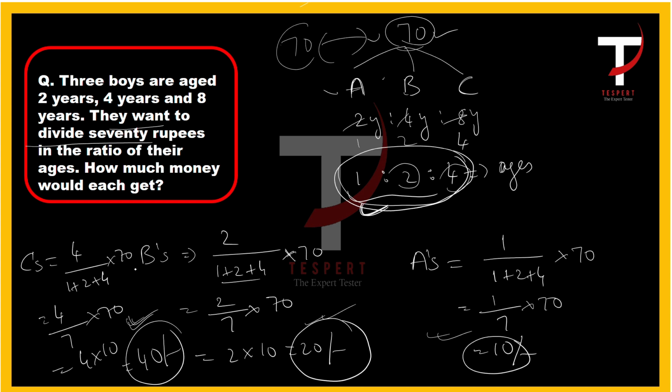In this way you can calculate the respective shares of anyone. Here we calculated for 3 boys. In this way you can calculate for n number of guys, if the ratio and the total quantity are given, right?